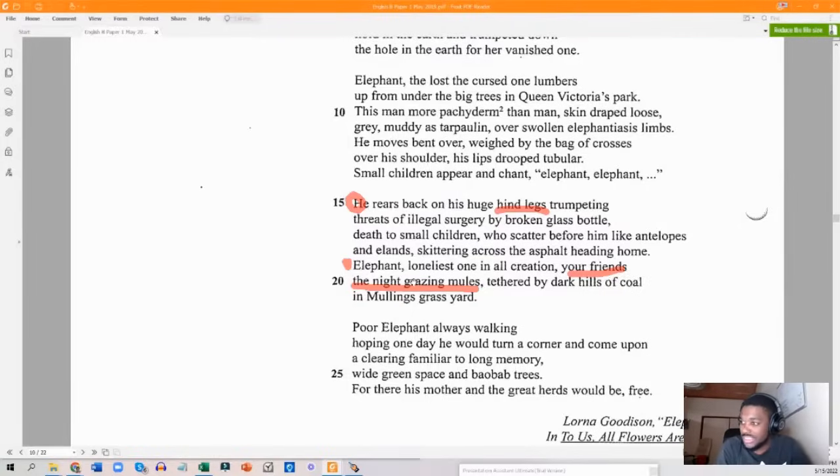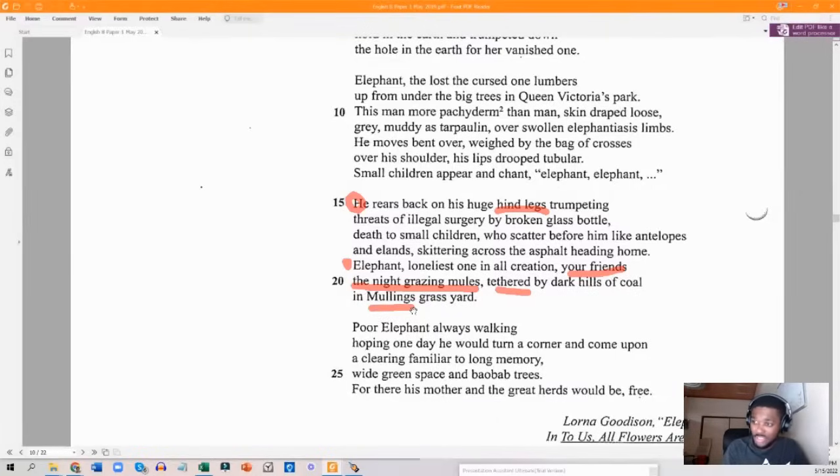So basically his friends are animals. Yeah? So this is really hinting even more that he's more like an animal than like a man. So his friends are the night grazing mules. So the mules, of course, are animals, and these are his friends. There are other reasons for this line, but I won't get into those because there are some more important things. Tethered or connected by dark hills of coal in Mullings Grass Yard.